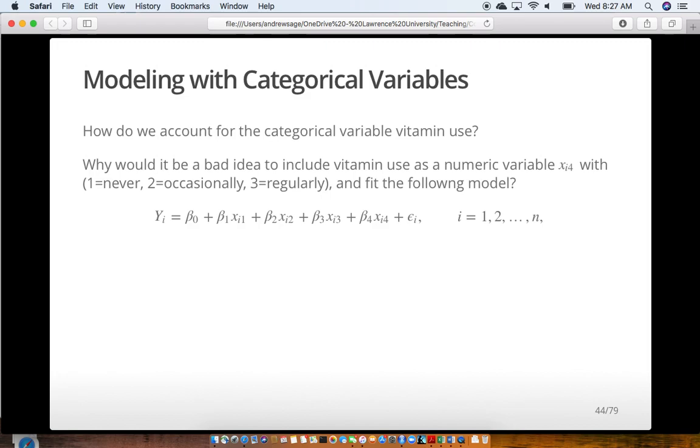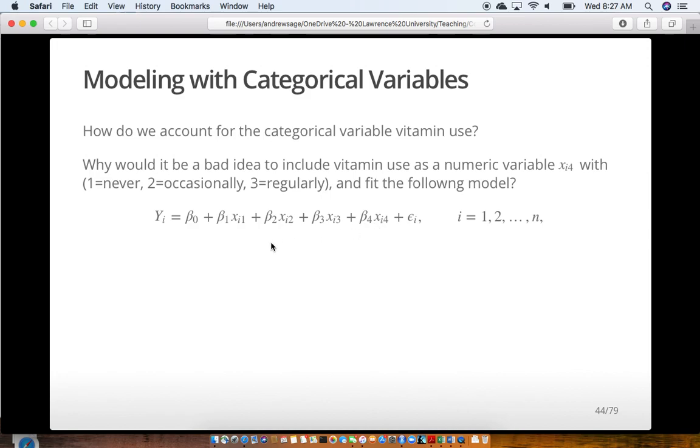But we want to think about how would we incorporate vitamin use. Remember, vitamin use is a categorical variable for either never, occasional, or frequent use of vitamins.